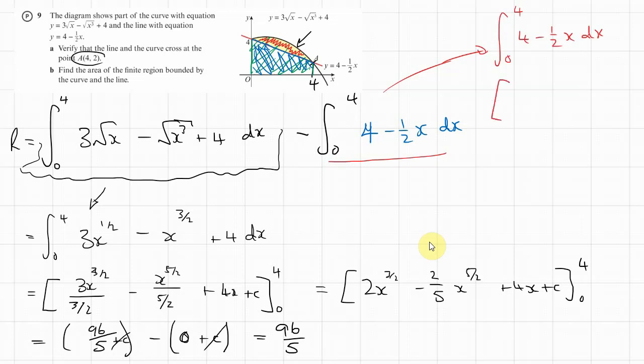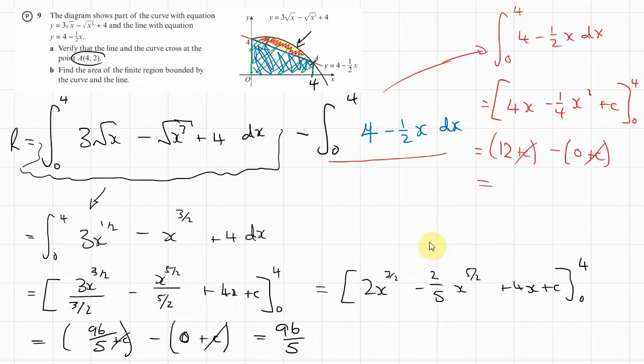So integrating this, I'm going to get 4x minus a quarter x squared plus c, and that's between 4 and 0. So substituting in my value of 4, I get 12 plus c, and then substituting in my value of 0, I get 0 plus c.